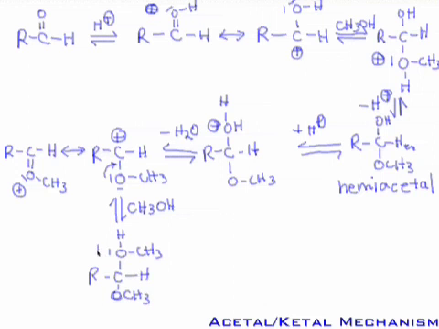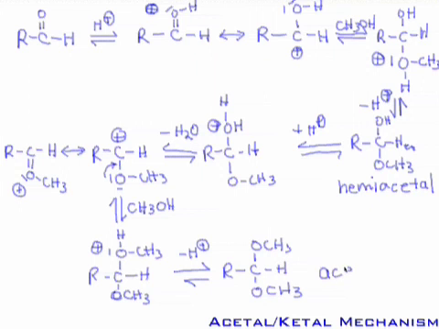So there's a positive charge. And minus H plus will generate our full acetal. Again, if we had used a ketone originally, this H would be a carbon. If that H was a carbon, we'd have a full ketal here. Okay, that's the overall mechanism.